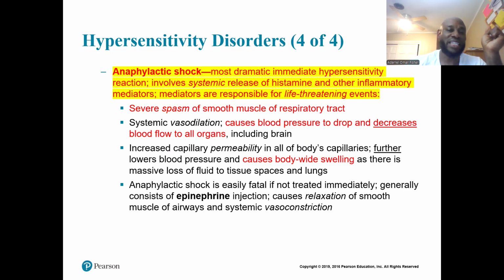You may have heard of anaphylactic shock, which is a dramatic, immediate hypersensitivity reaction, something that is not going to harm you, but your body acts like it's dying, basically, and has this severe reaction. And so it's like your body basically hurting itself because it's overreacting to whatever it is.